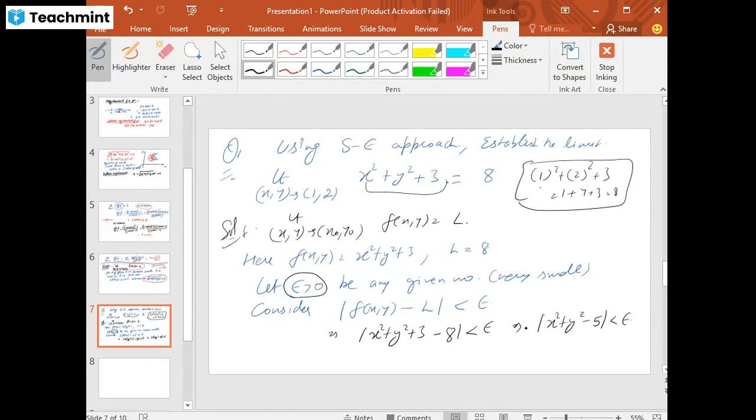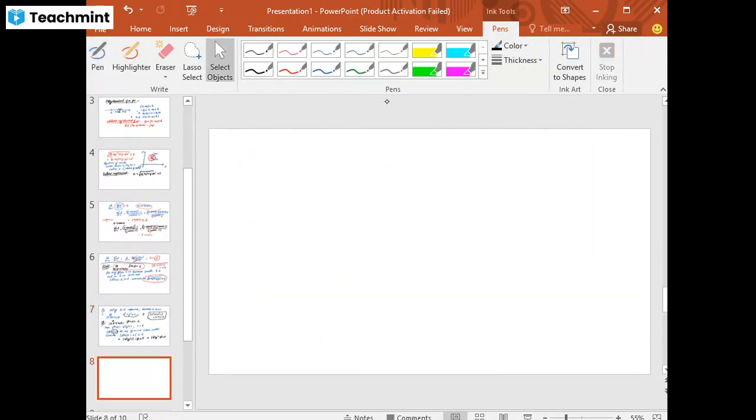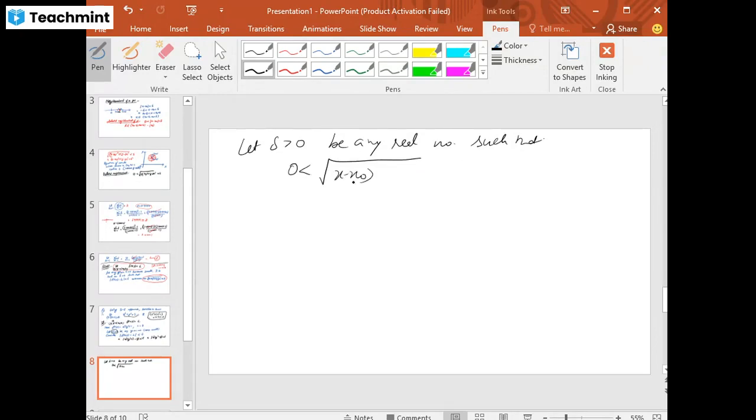So I want to find out the relation between the delta and epsilon so that the difference between these two is less than epsilon. Okay. So what we are going to consider, let delta greater than 0 be any real number such that 0 is less than the square root of (x minus x naught) square plus (y minus y naught) square is less than delta.